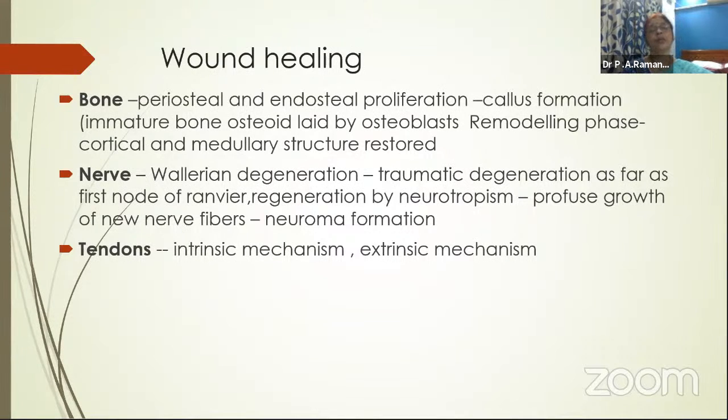The periosteum and the endosteum start proliferating and they form young immature bone called callus. This is by the osteoblasts. Instead of fibroblasts, we have osteoblasts here forming the callus.